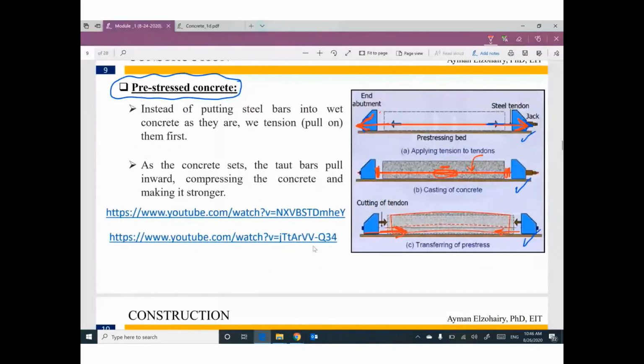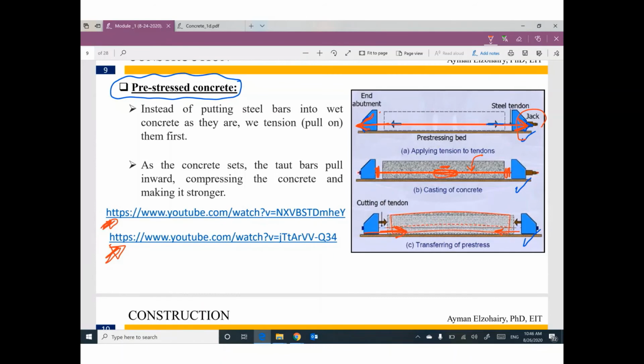And in these videos you can watch how we apply this force. You will find a hydraulic jack. These jacks are very, very strong and very, very dangerous. Be careful, because you're applying a very, very huge amount of force.